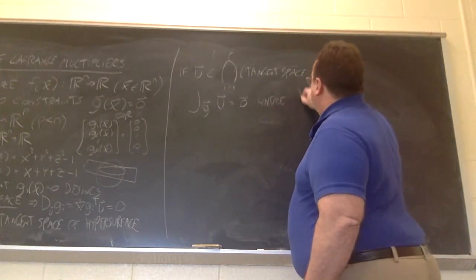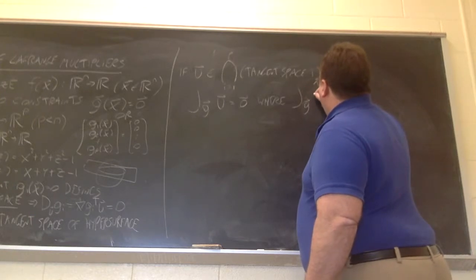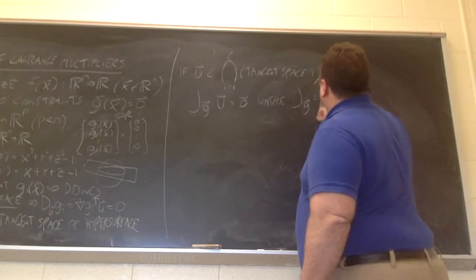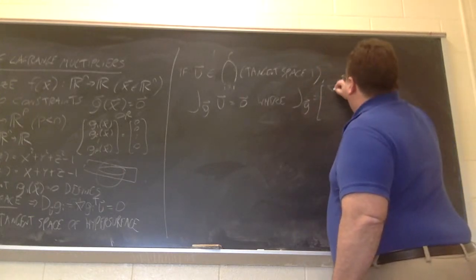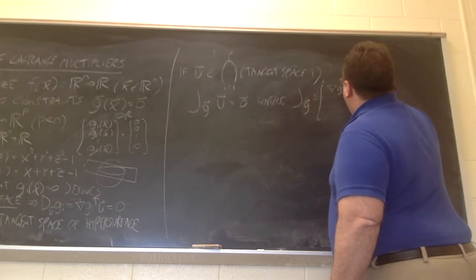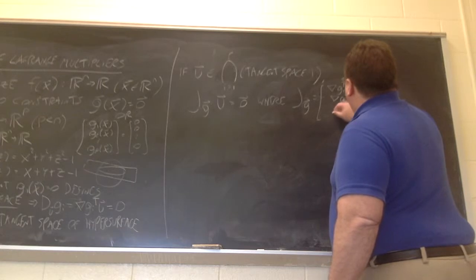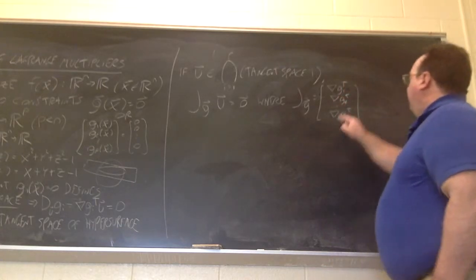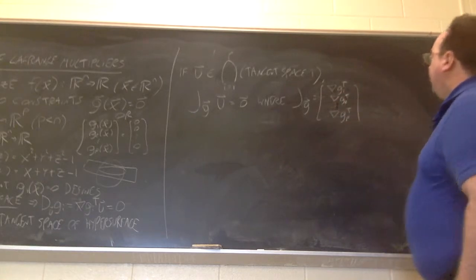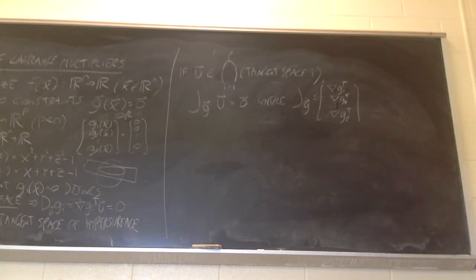Now to see where that comes from, what is a Jacobian matrix? It has the gradients of all the individual constraints as its rows, which is why I'm transposing it.